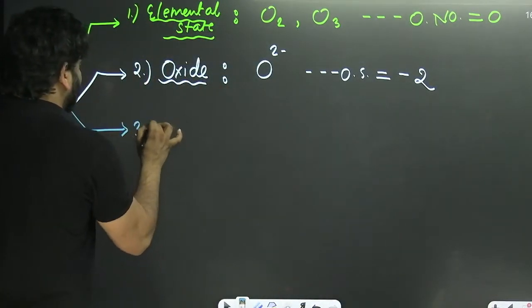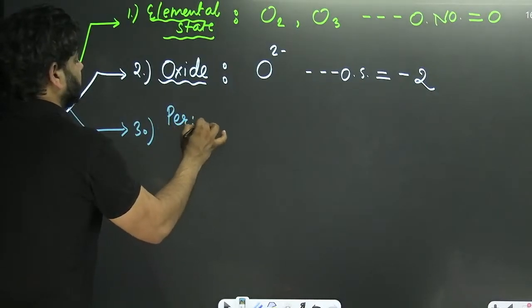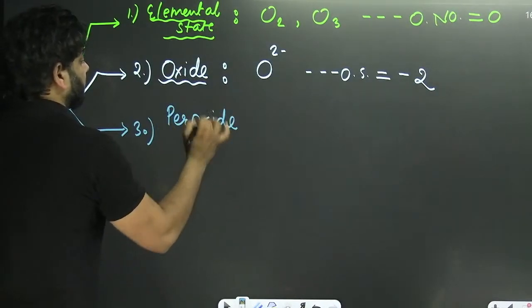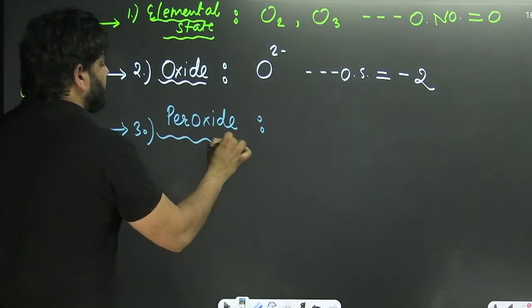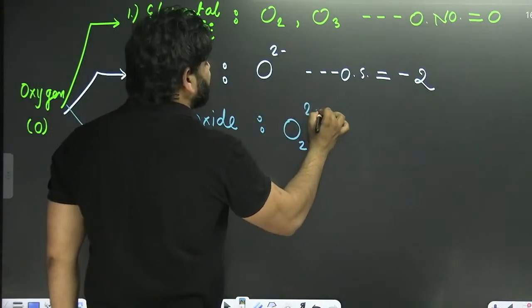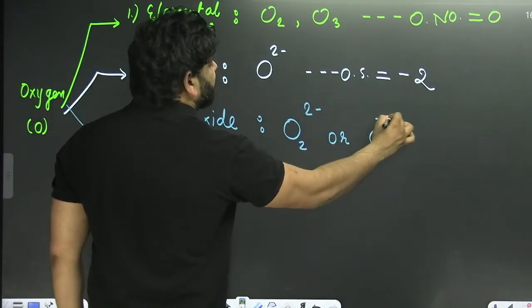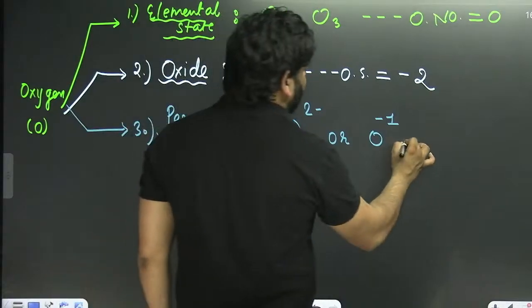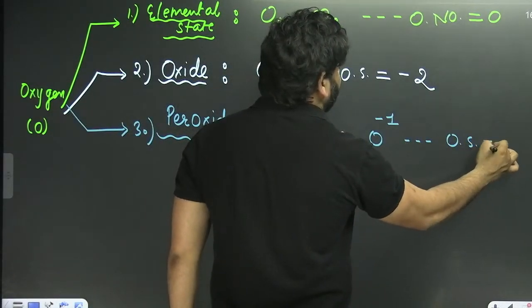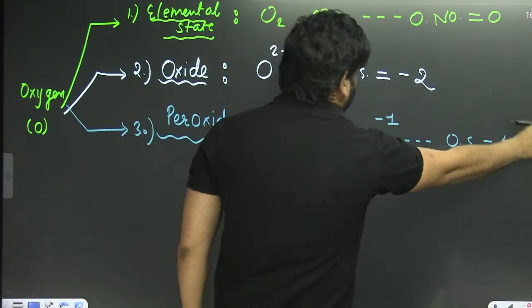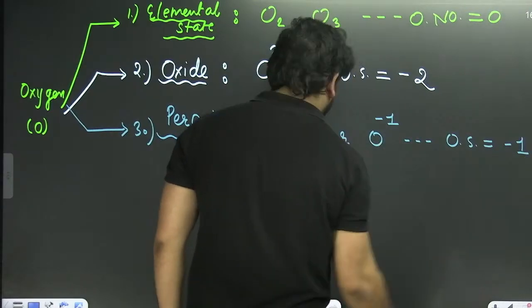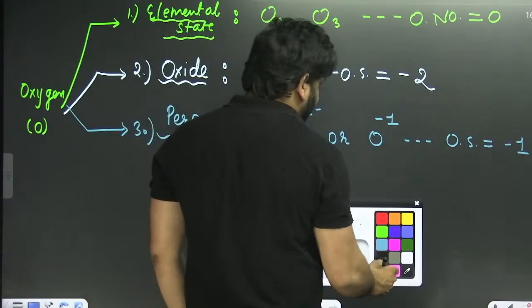This is third, peroxide. What is a peroxide? O2 with a 2- charge, or one oxygen with a -1 charge. So definitely the oxidation state will become -1, because we are writing the oxidation state of one atom.